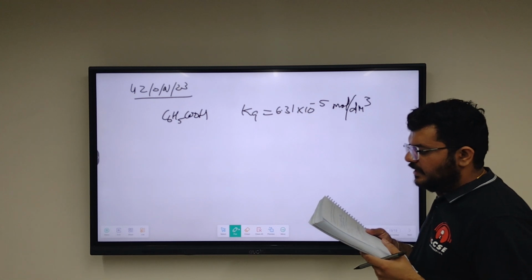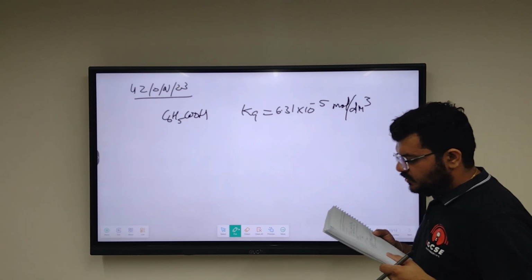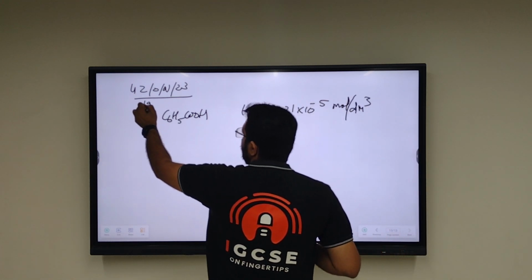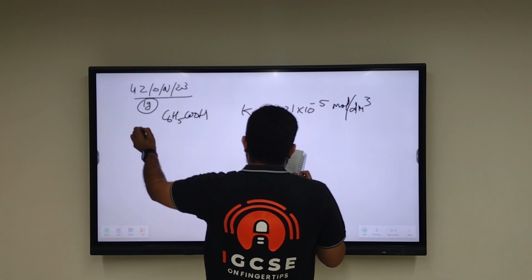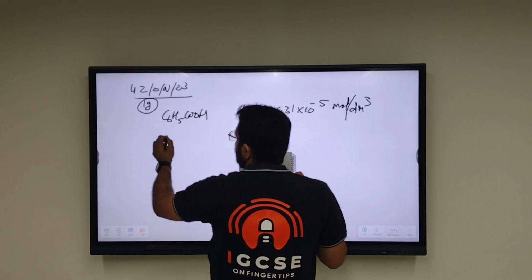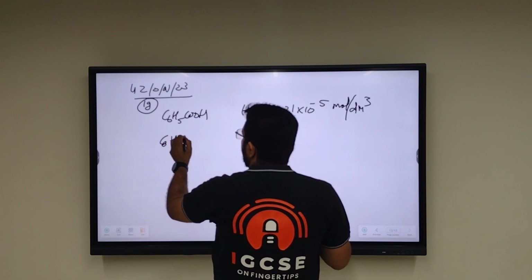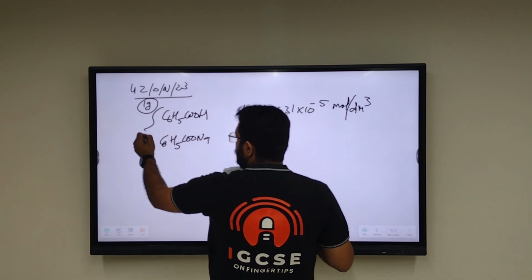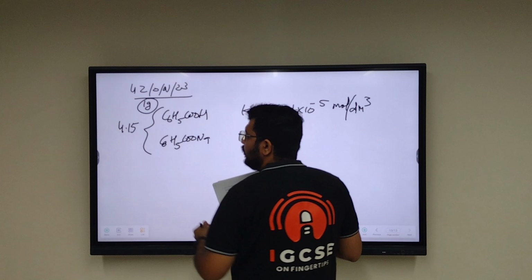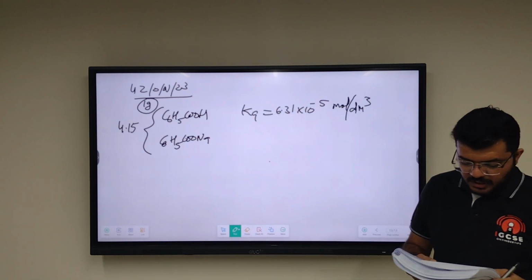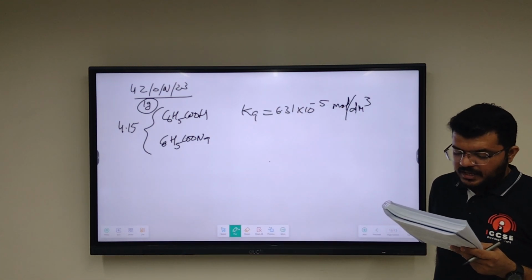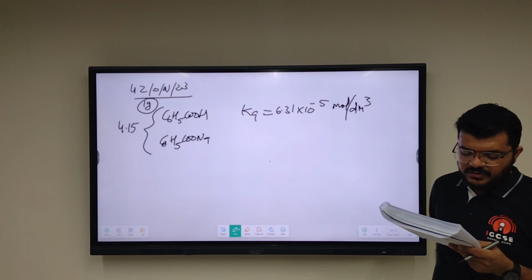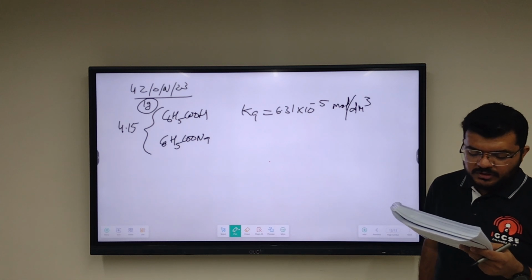Now they are saying 1 gram of this and slightly greater mass of sodium benzoate, which is C6H5COO Na. The pH of this solution is 4.15. Now they are saying use the expression to calculate concentration of C6H5COO Na in the buffer solution.